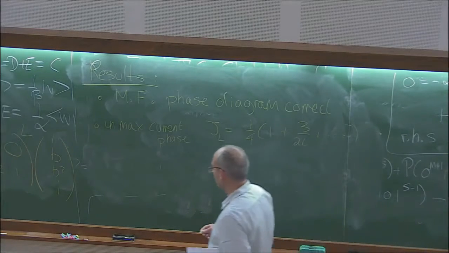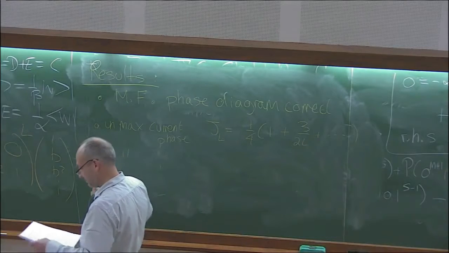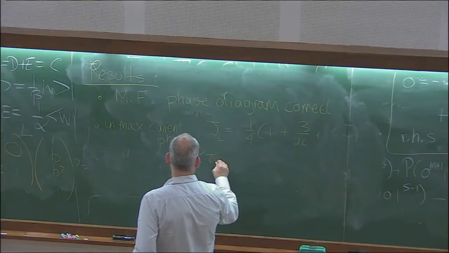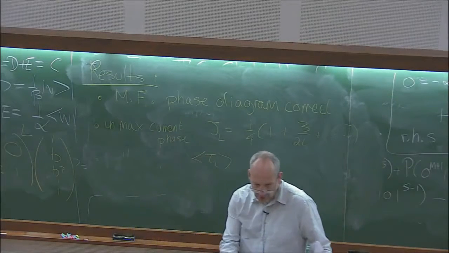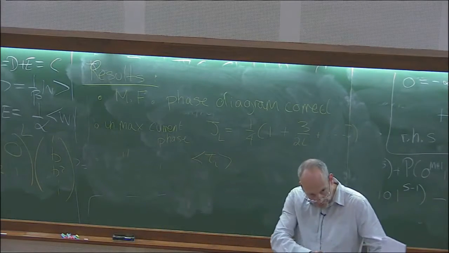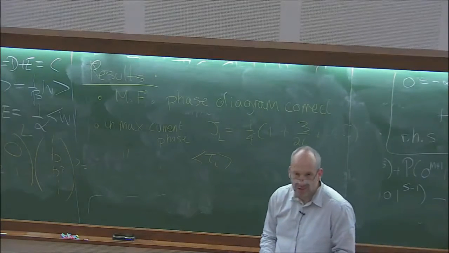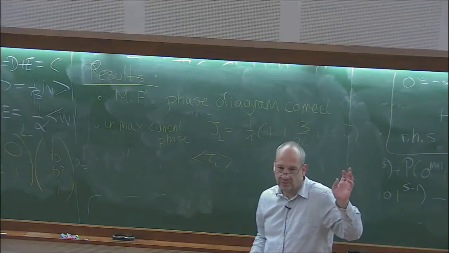Also, again, in the max current phase, the density, when we're moving away from one boundary, but we're far away from the other end. Somebody pointed out that the mean field diagram gave the wrong result.